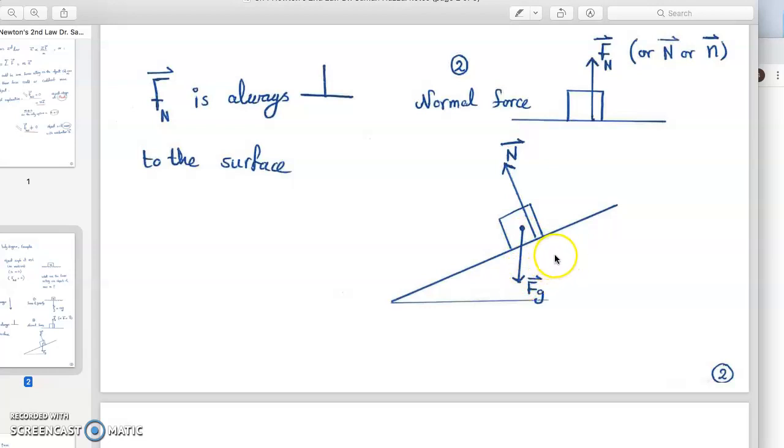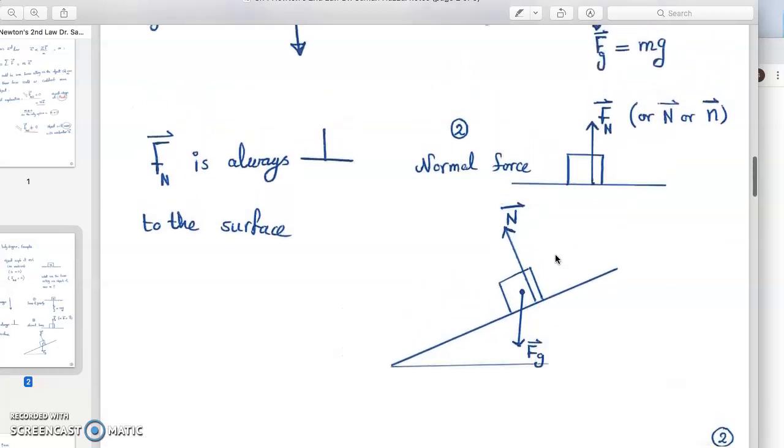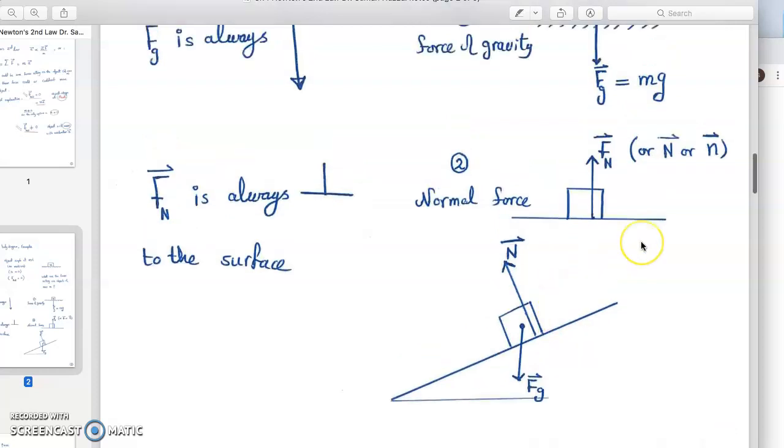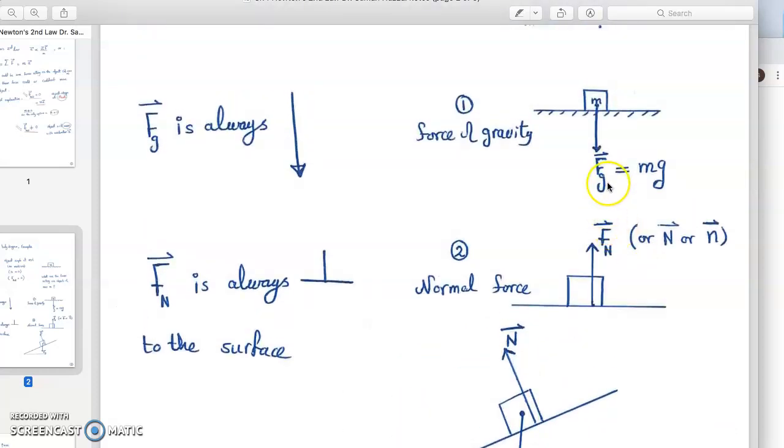So from here, I hope you understand that they are not a pair of action and reaction. I mentioned it before, but I am repeating it now: the normal force and the gravitational force are not according to Newton's third law of action and reaction, because many people mix this point up.